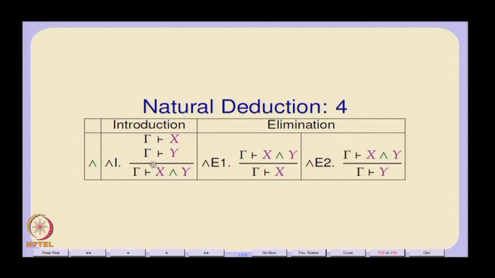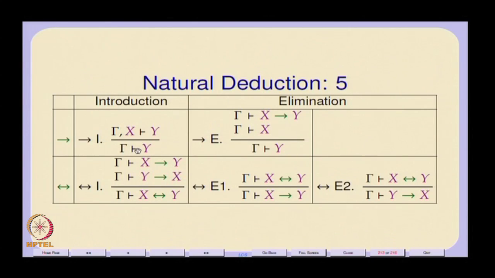And introduction is very simple, you have to be able to prove both of them in order to take a conjunction, and elimination is very simple, you have to prove the conjunction and then you can take any component of it. Arrow introduction is very much like our deduction theorem. So, if from gamma and x you can prove y, then you can claim, I am sorry, this is wrong, it should read gamma proves x arrow y.